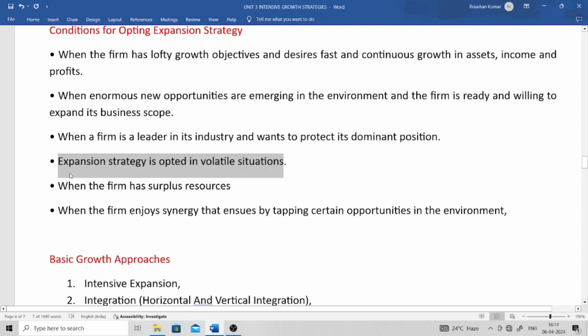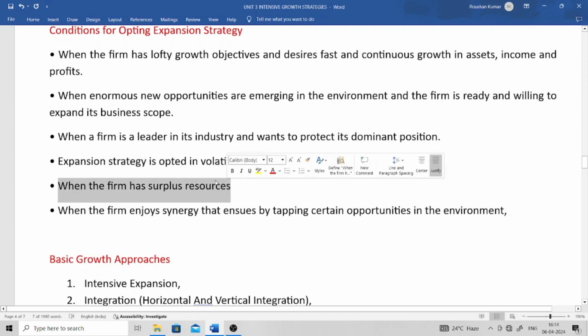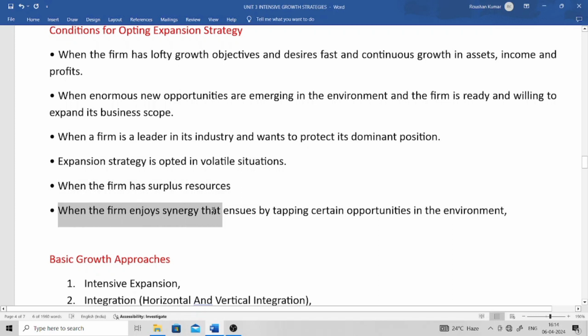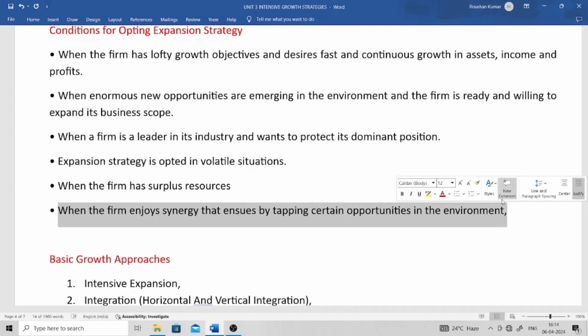When the firm has surplus resources, then also we should opt for expansion strategy. And when the firm enjoys synergy that is ensured by tapping certain opportunities in the environment. Synergy means whenever there is expansion, the profit or the gain is more than what it could be when there was no expansion strategy involved.